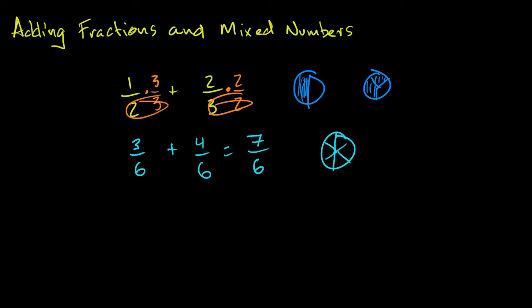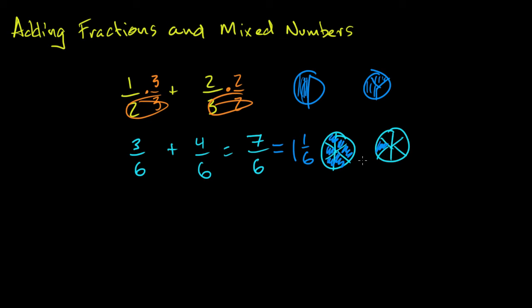So if I split it into 6, 7/6, well, 1, 2, 3, 4, 5, 6, I'd need another whole split into sixths again, and I'd get one of these. That'd be 7/6.